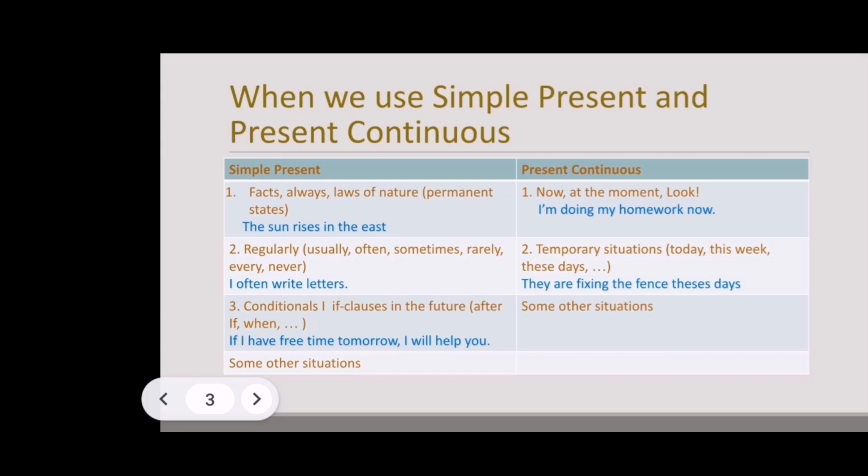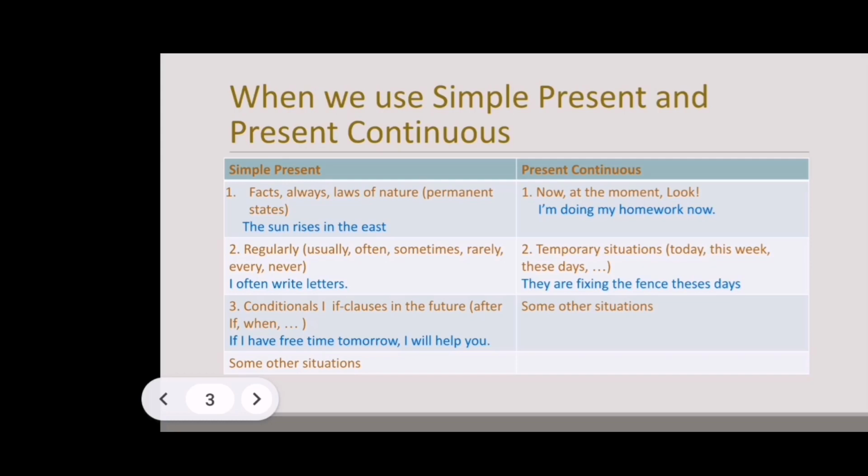Present continuous is used with words like now, at the moment, look: I'm doing my homework now, and for temporary situations. We usually add words like today, this week, this month, these days. They are fixing the fence these days. And pay attention, for the two tenses, one more line is given, some other situations.